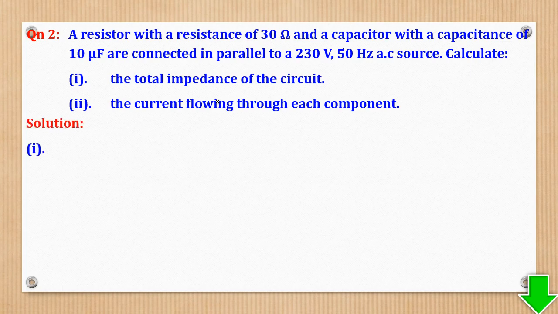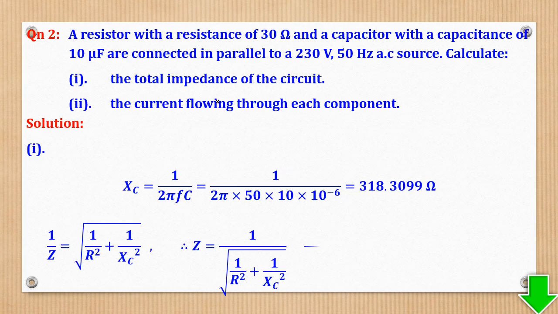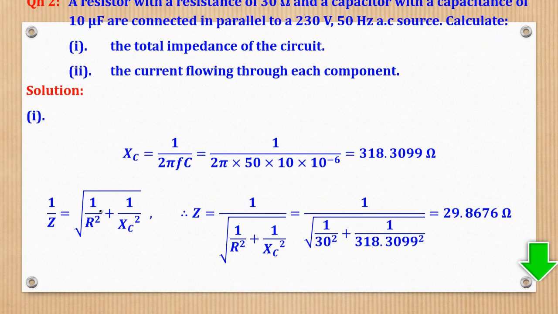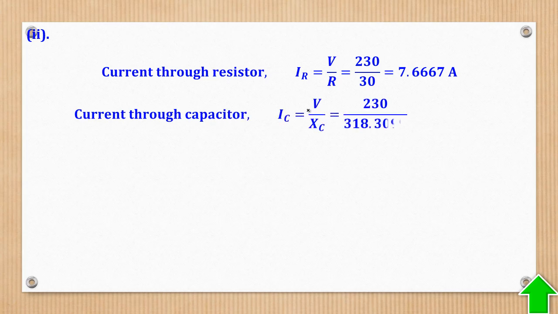So for impedance, you need to first get the capacitive reactance, then you can get the impedance. Quote the formula, substitute, get the answer. So for current flowing through each component, the good thing is we know the PD, so you can say current through the resistor is V over R, and current flowing through the capacitor will be V over XC.